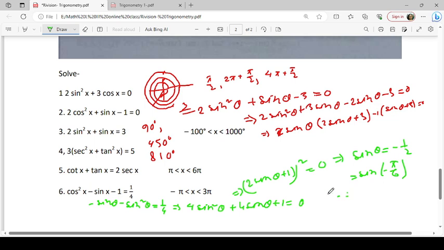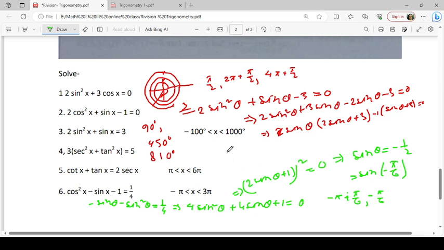So we can have it as minus pi plus pi by 6, then minus pi by 6 again in the fourth quadrant.